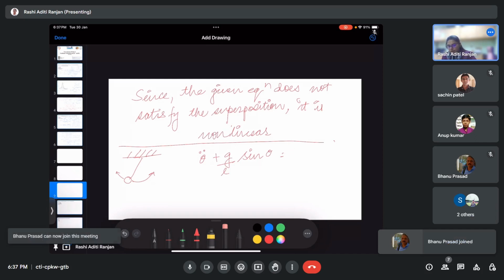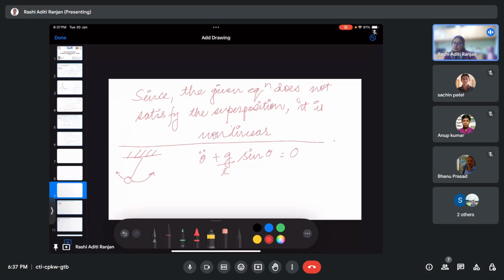If you remember, we used to find the solution to this equation, but with a little assumption. We used to assume that theta is very small, so sine theta is nearly equal to theta. Correct? We used to make it a linear equation and then solve it.